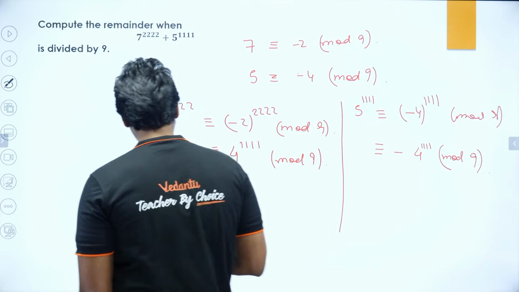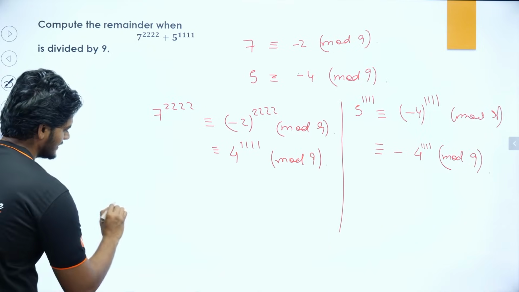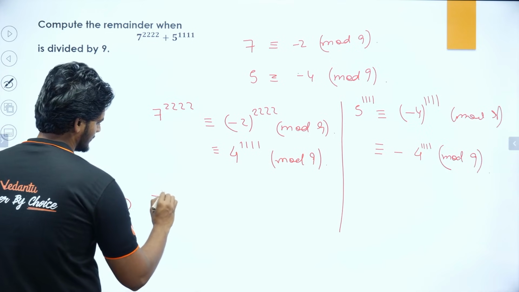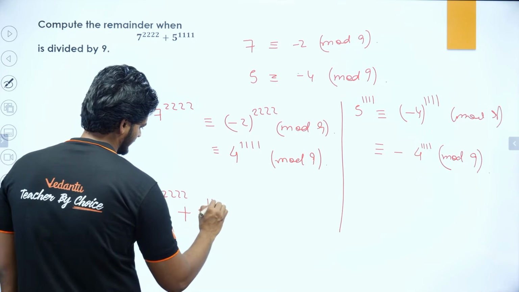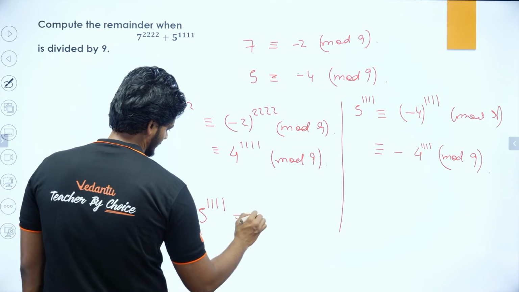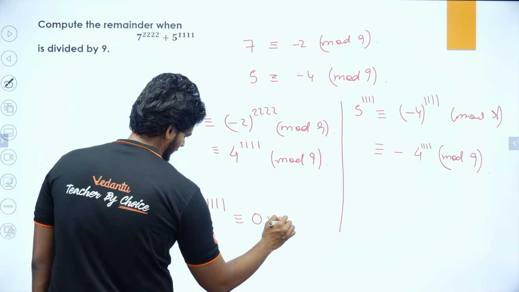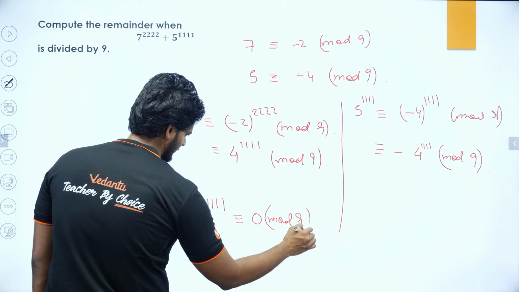So that should imply 7 power 2222 plus 5 power 1111 is congruent to 0, and that should imply 9 divides this.